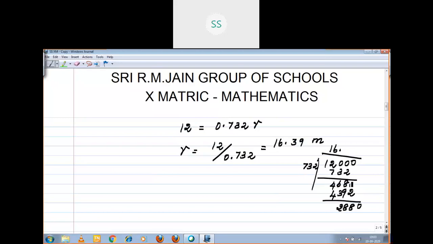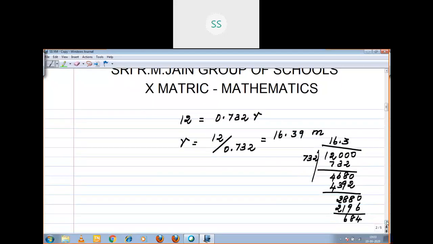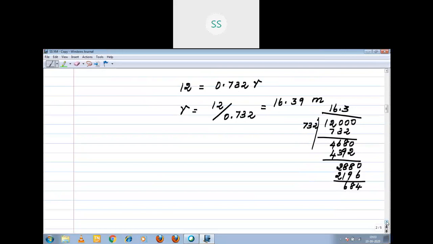How many times? 3 times. Got it? Say yes or no, children? 12,732, you are bringing one more 0. Point. 3 times. 3 twos are 6, 3 threes are 9, 21. Then how to subtract? Then you get 4. Here again 8. 7 minus 1, 6. 6, 8, 4 is there, so you can multiply with 9.